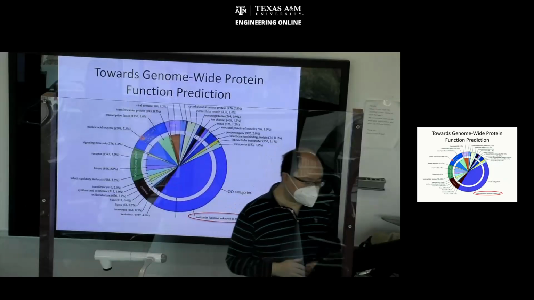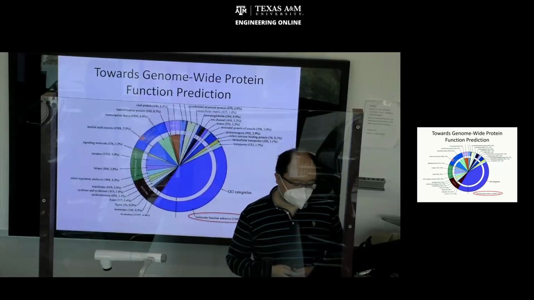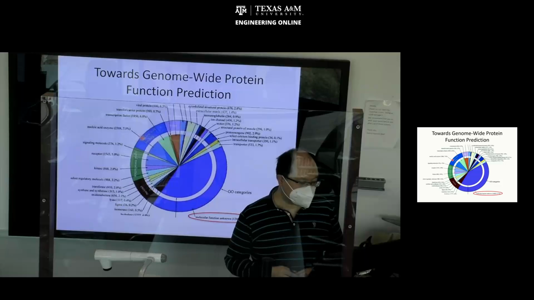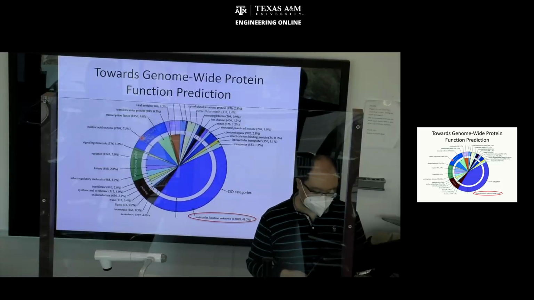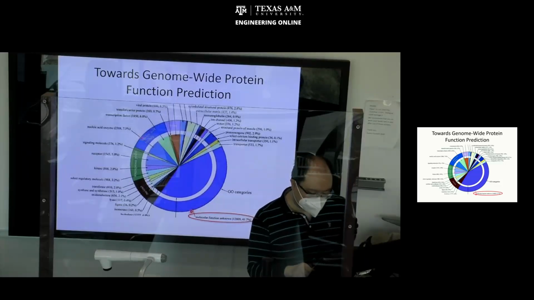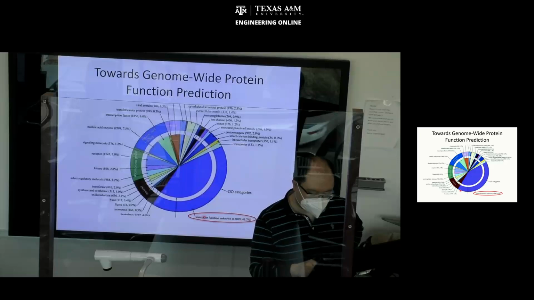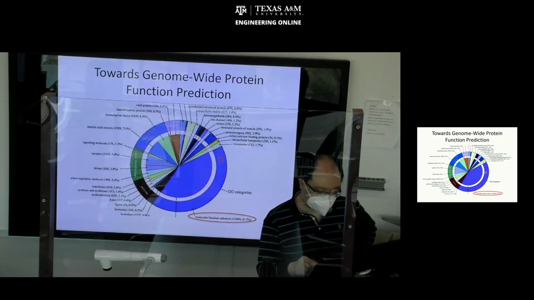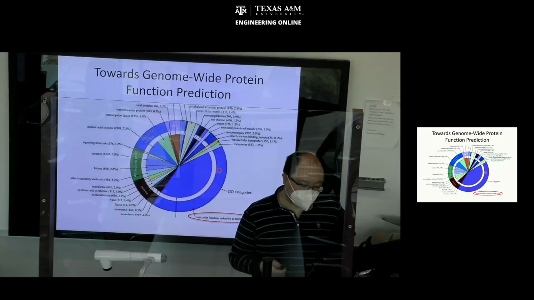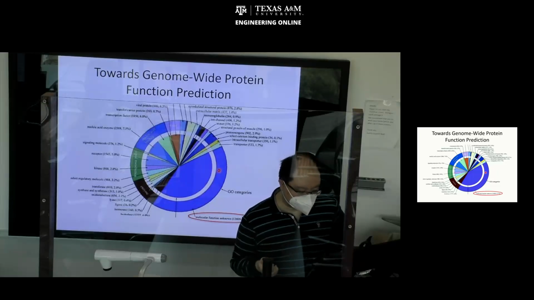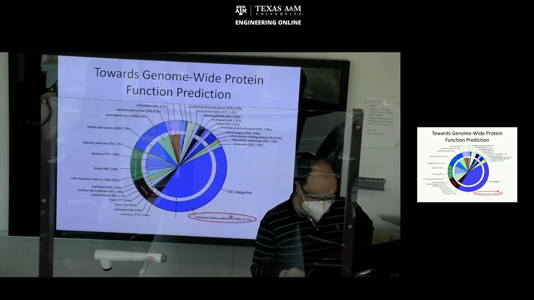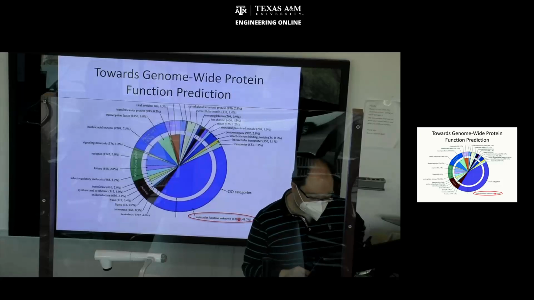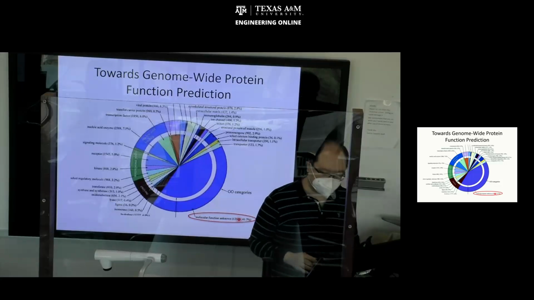If you look at this genome-wide protein function prediction, this is old data, but still more than 40% of the known sequences in our species, even after you exhaust the homology-based method for annotation, you still end up with about 40% of the molecular functions unknown.